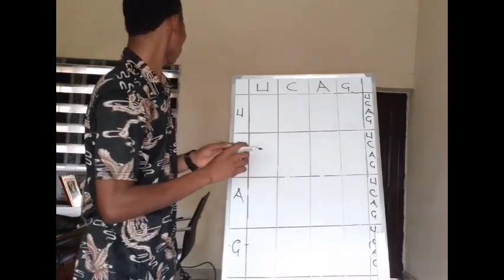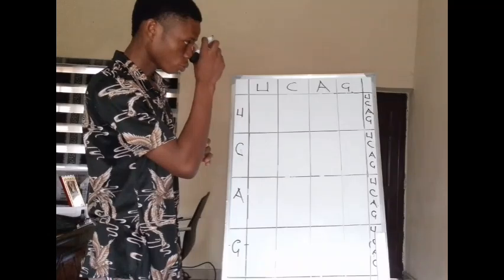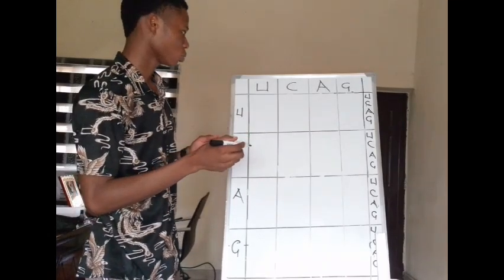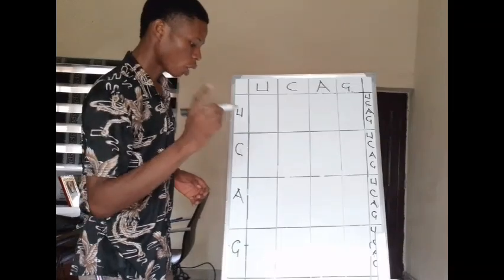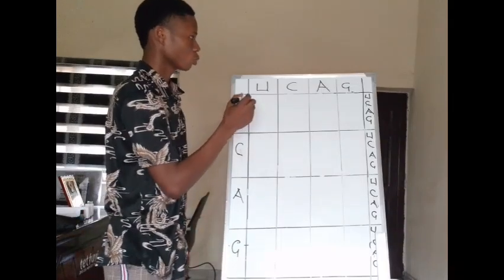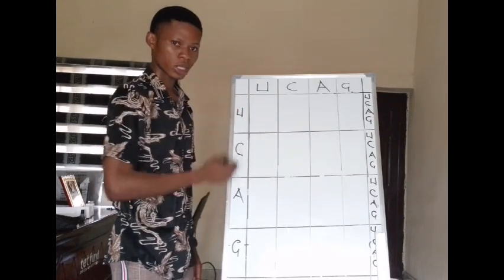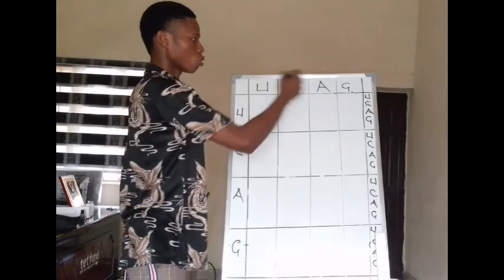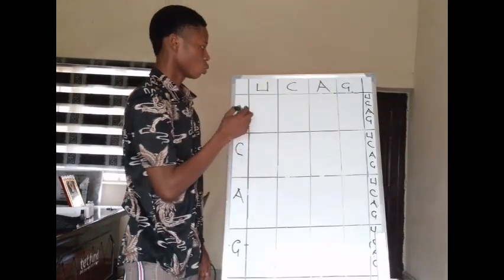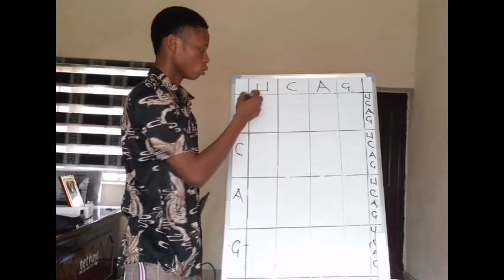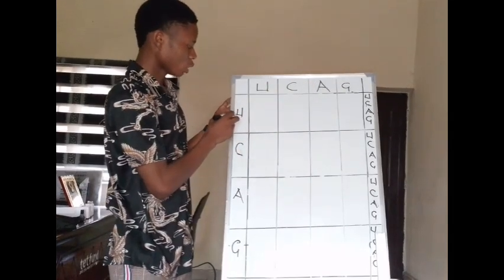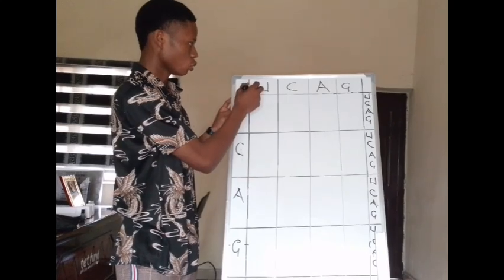Now, how do we form our codons? To form our codons, this is what you do. The letters on this side are our first letters, this can be our second letters, and these our third letters. Let's take the first letter, U. U is under U, right?